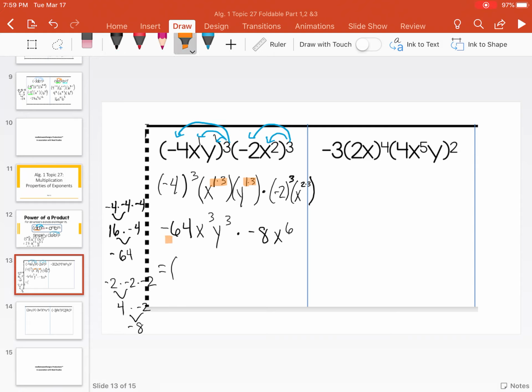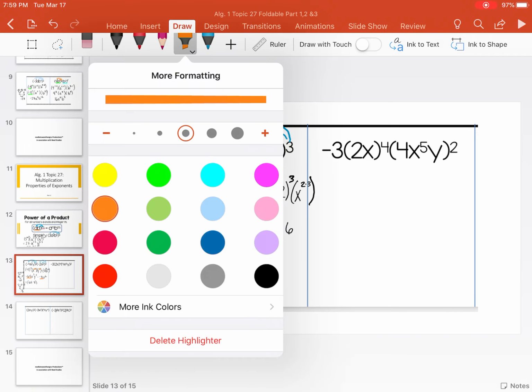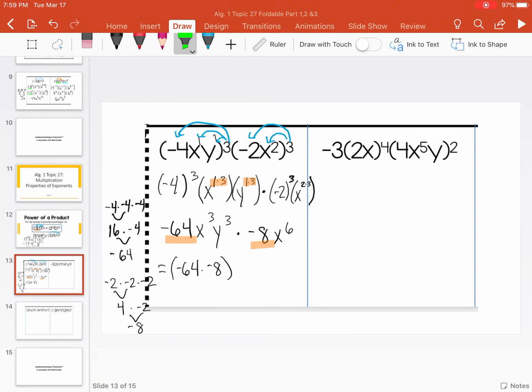If we regroup our coefficients, negative 64 times negative 8, we'll regroup our x's, and we have x cubed times x to the 6th. And then last but not least, we'll have just our y, which is just y cubed.